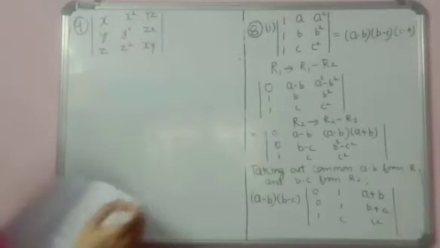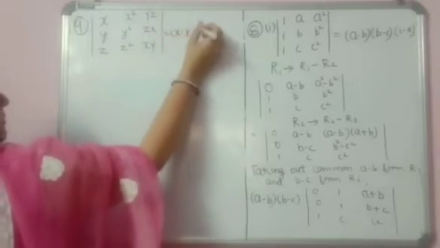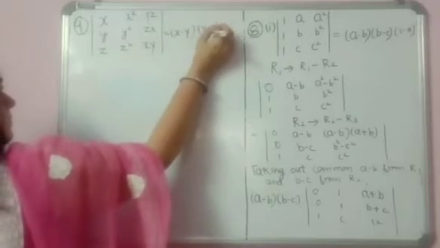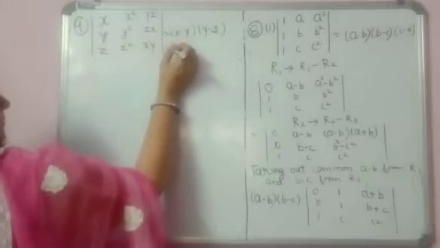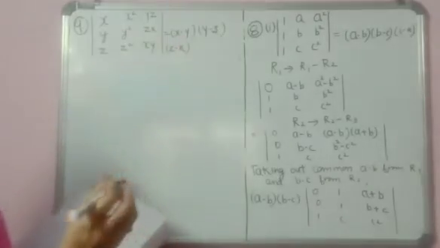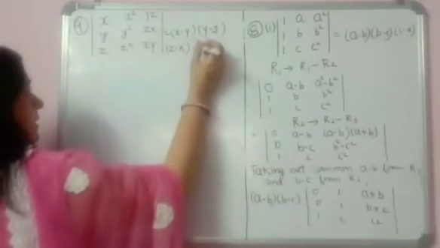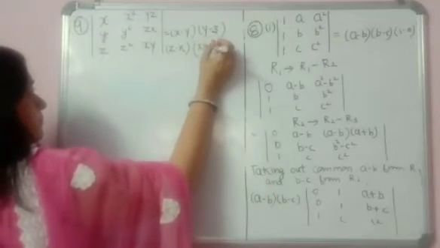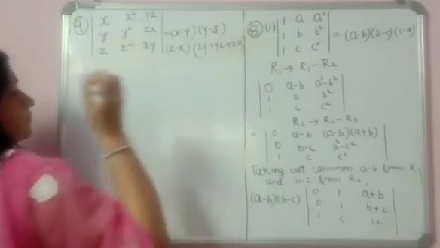It is equal to x minus y, y minus z, z minus x and xy plus yz plus zx. Okay.